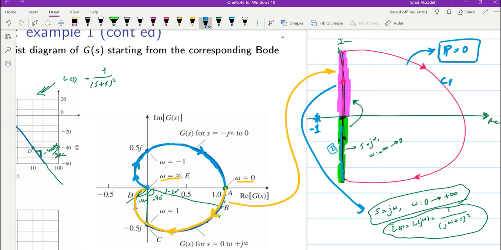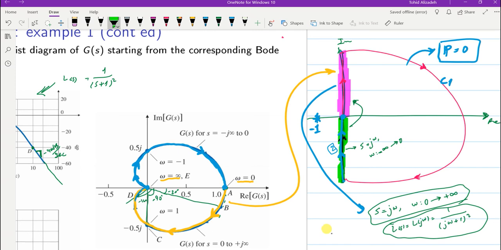And then as we moved on the imaginary axis towards the origin, we have traveled over this part of the graph, and we ended up at the point A, where we have it over here. You can also see that we have the continuous contour from minus infinity to plus infinity, and over here we also have the continuous map, from omega equal to minus infinity, then we arrived at omega equal to 0, then we continue to arrive at omega equal to plus infinity.